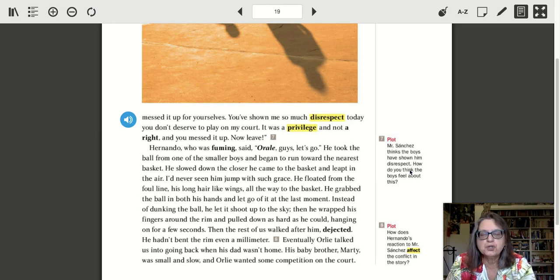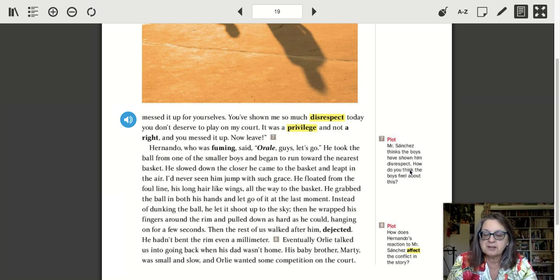Hernando, who was fuming, said, "Órale, guys, let's go." He took the ball from one of the smaller boys and began to run toward the nearest basket. He slowed down the closer he came to the basket and leapt into the air. I'd never seen him jump with such grace. He floated from the foul line, his long hair like wings, all the way to the basket.